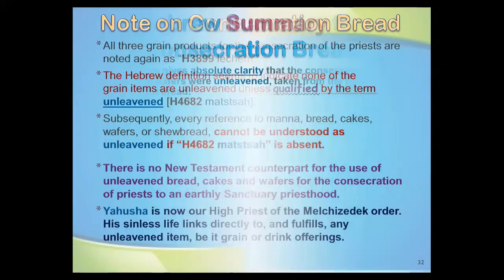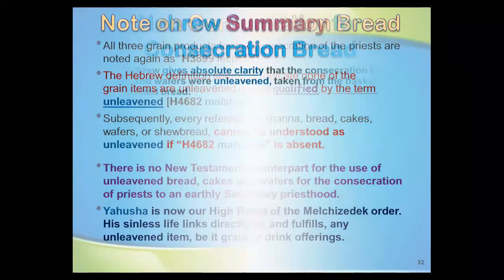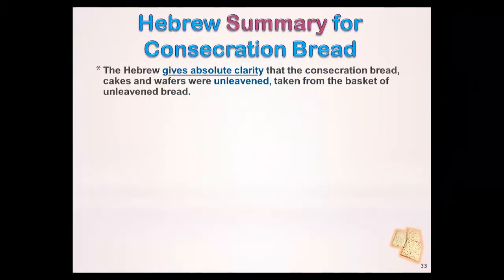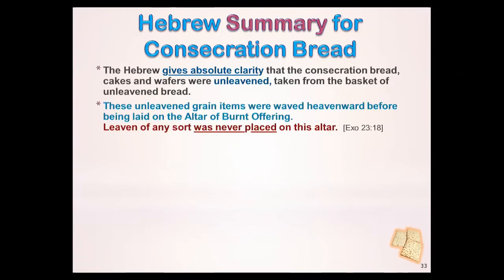So we can do a Hebrew summary here for the consecration bread. We actually have a very good summary. The Hebrew gives absolute clarity that the consecration bread, the cakes and the wafers were unleavened, and they were taken from the basket of unleavened bread. These unleavened grain items were waved heavenward before they were ever laid on the altar of burnt offering.